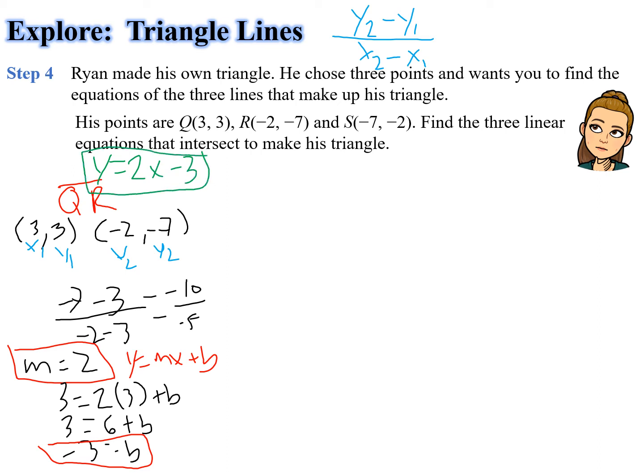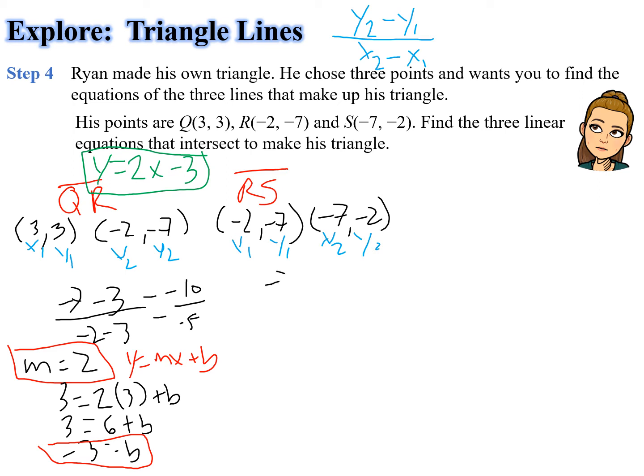Now I want to think about my next line. I have line RS. Well, again, I'm going to rewrite my ordered pairs. My ordered pair for R is (-2, -7), and S is at (-7, -2). I'm going to use the slope formula. I want to think about x1, y1, x2, y2, and I'm going to plug them in.